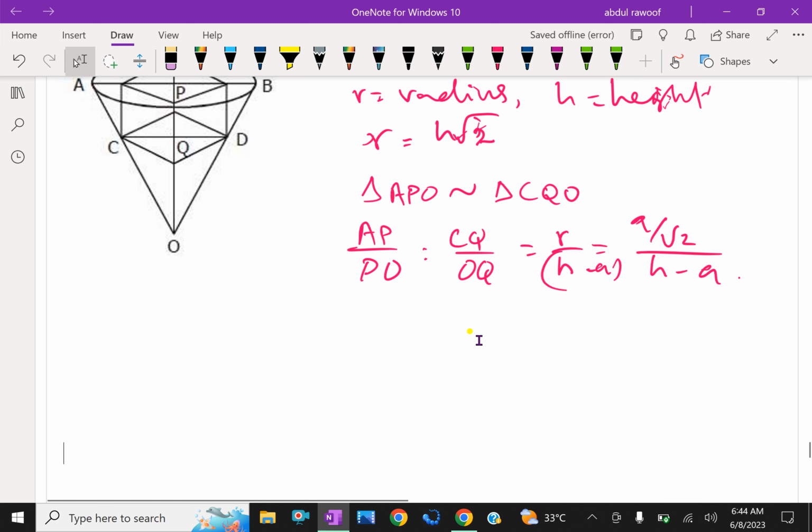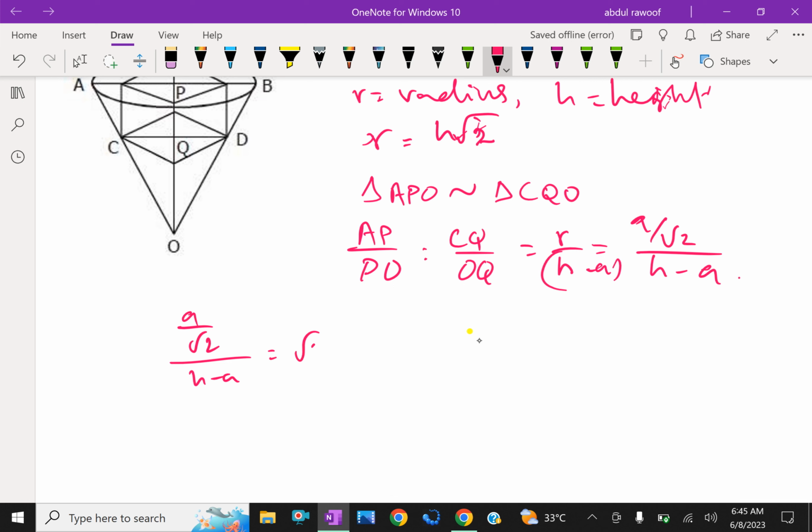Therefore, a by root 2 over H minus a equal root 2. We had the relation before. From this, we get a equal 2 into H minus a. Therefore, from this, H equal to 3a by 2.